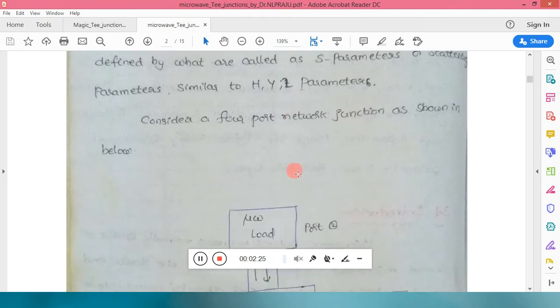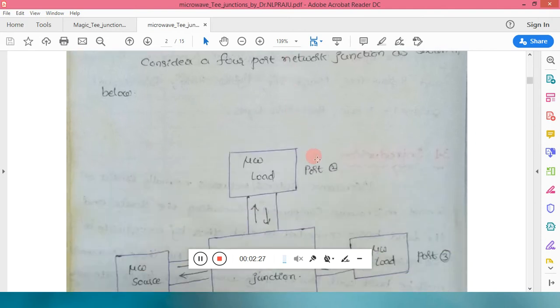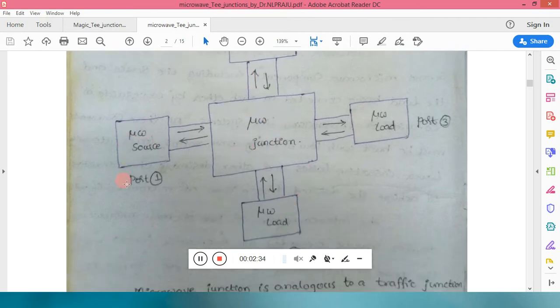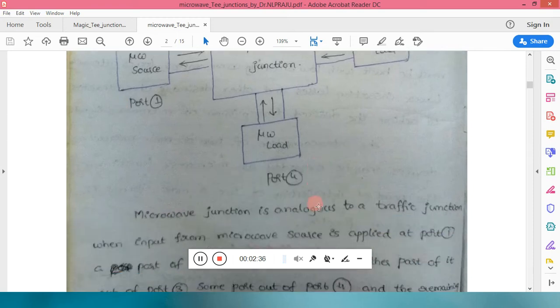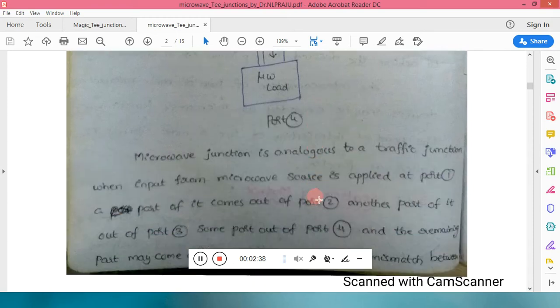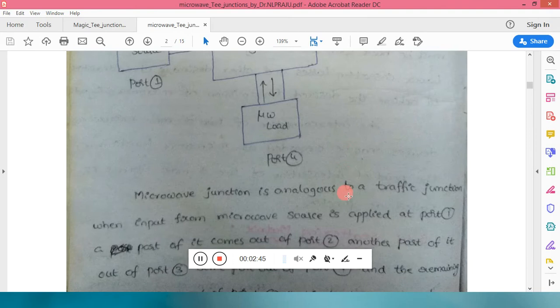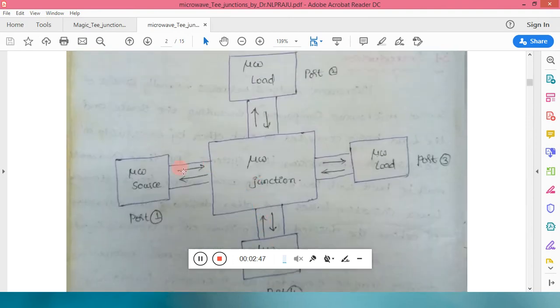To understand this microwave junction, consider a four-port network like this. This is one microwave junction, with a microwave source and loads, ports 1, 2, 3, 4. It is like a normal road system traffic junction. Whenever the input comes from the port 1 source, it enters in this direction and goes in this direction, this direction, and this direction.